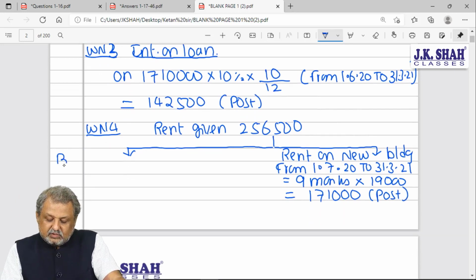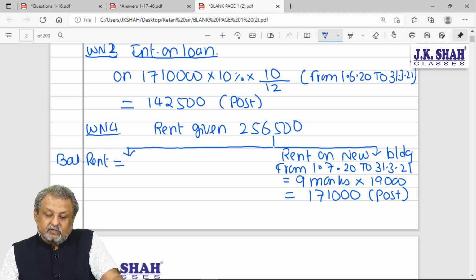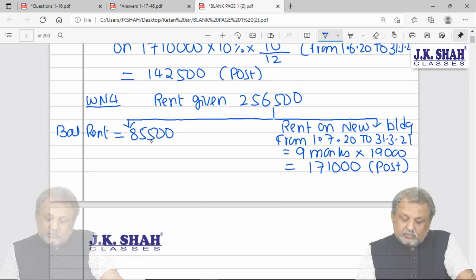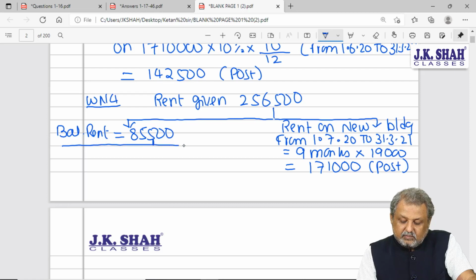So balance rent, 2,56,500 minus this 85,500. So if nothing is given, this will be divided in time ratio. Time ratio is 1:2.